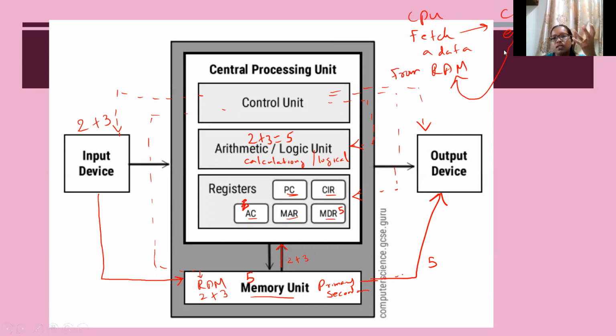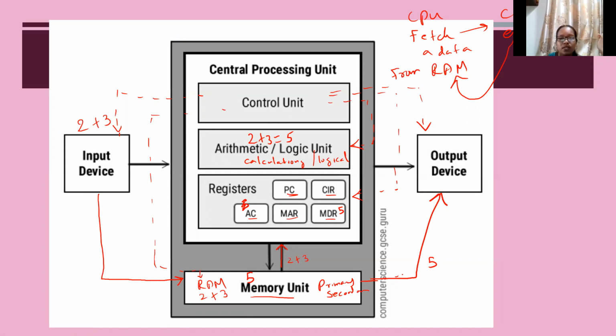These two steps happen forever as long as the RAM has data and instructions to be processed, this cycle goes on, right? It will fetch some data from the RAM and just execute.